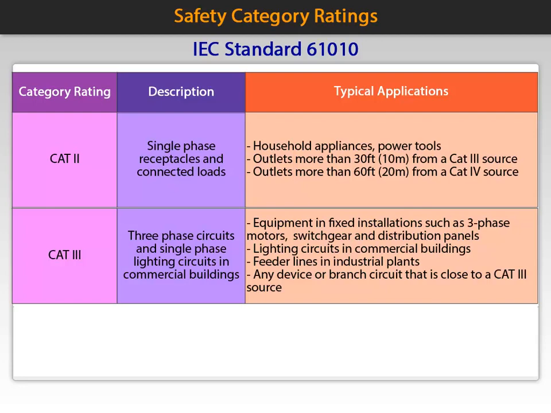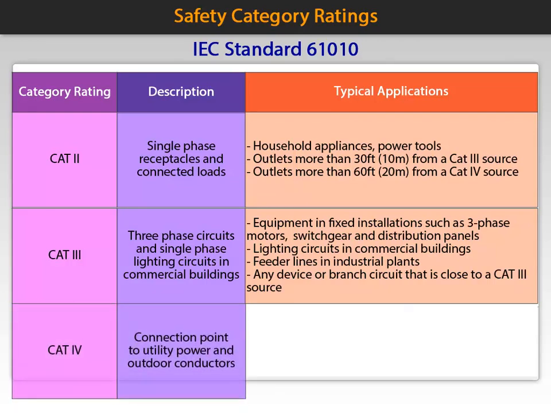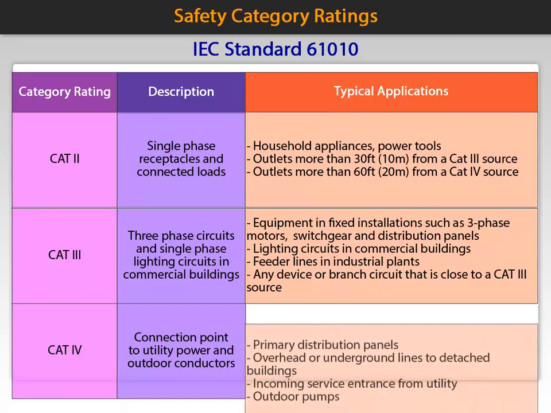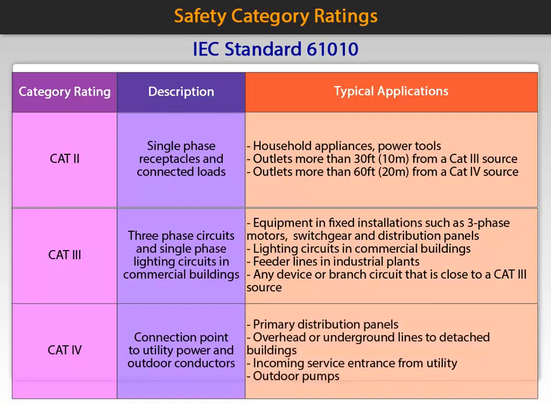And finally, Category 4 covers connection point to utility power and outdoor conductors. Applications are primary distribution panels, overhead or underground lines to detached buildings, incoming service entrance from utilities, and outdoor pumps. Instrument manufacturers place this rating in their literature and on the device. Make sure you're using the proper rating for the application.